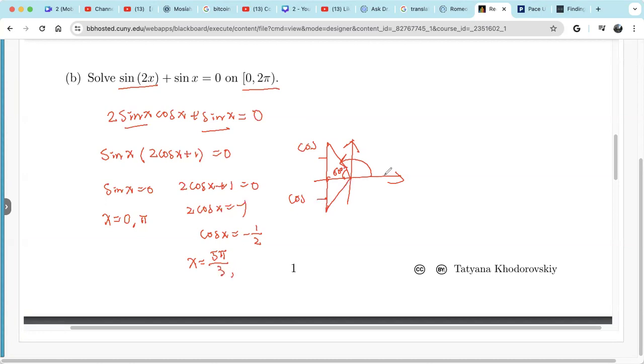And this angle is pi plus pi over 3, which is 4 pi over 3. Okay, so in total I have 4 solutions: 0, pi, 2 pi over 3, or 4 pi over 3.